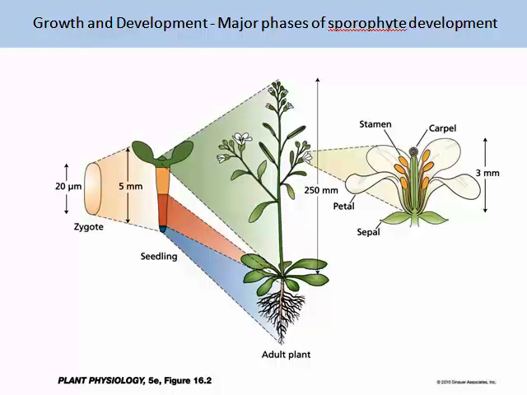There are three major stages of sporophyte development. The first is embryogenesis. This is the process by which a single cell is transformed into a multicellular organism having a characteristic but basic organization. The second is vegetative development.